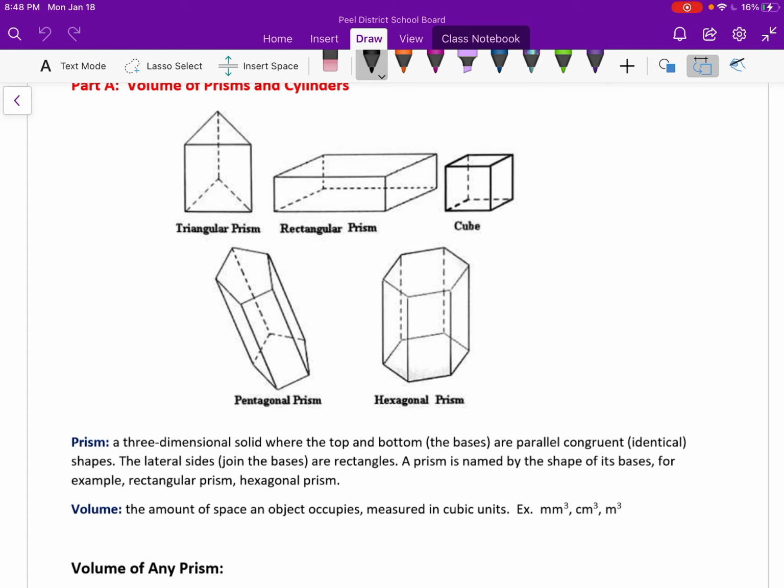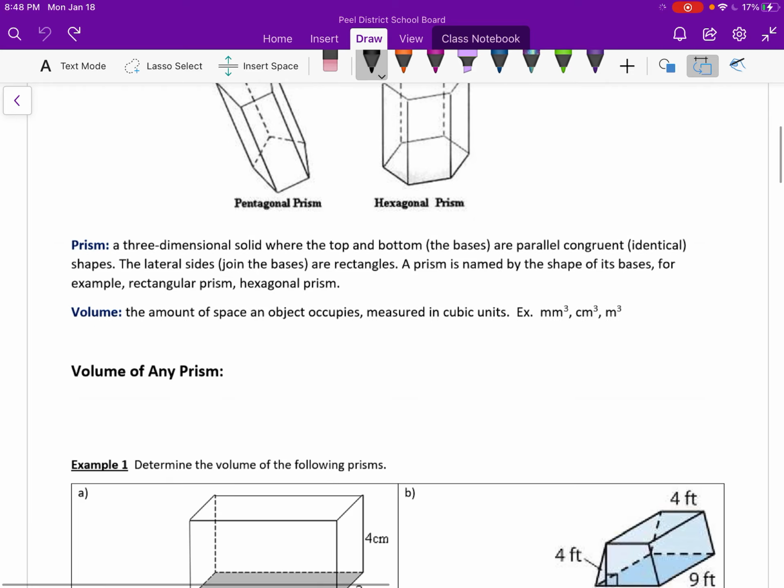Parallel means that they are in the same line as each other. Congruent means that they are the exact same size, exact same shape. On the lateral side, the lines that actually connect them together right there, are rectangles, right? So a prism is named by the shape of its base.